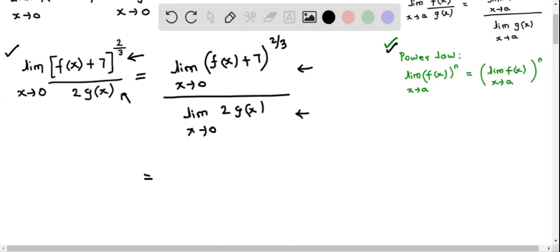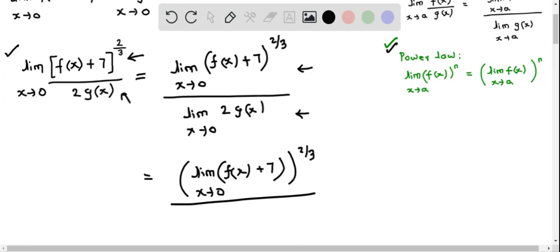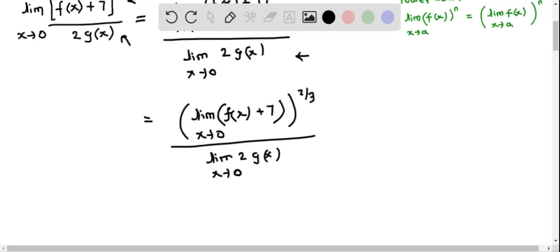The numerator expression can be written as the limit of f of x plus 7, as x approaches 0, this quantity raised to the power of 2 thirds. Then I put the denominator, that is the limit of 2 times g of x, as x approaches 0.